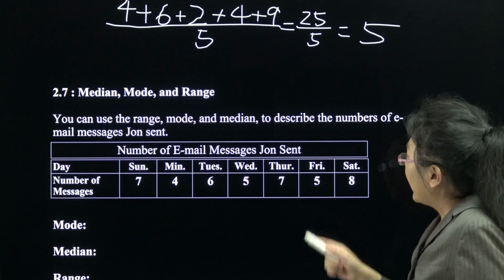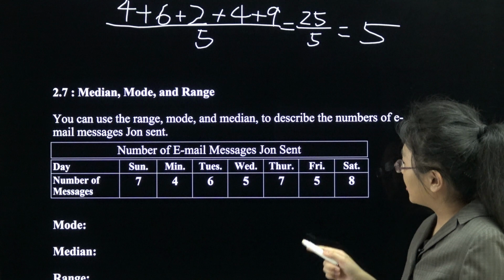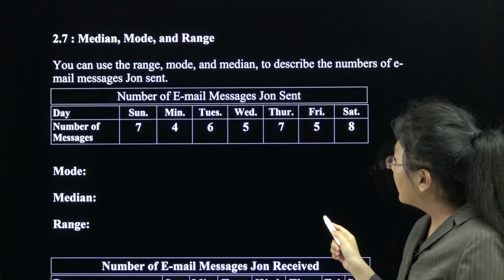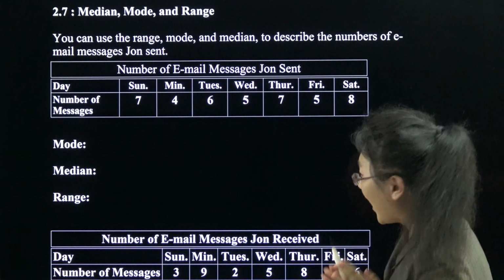You can use the range, mode, and median to describe the numbers of email messages John sent. So you might be wondering, what is mode, median, and range?